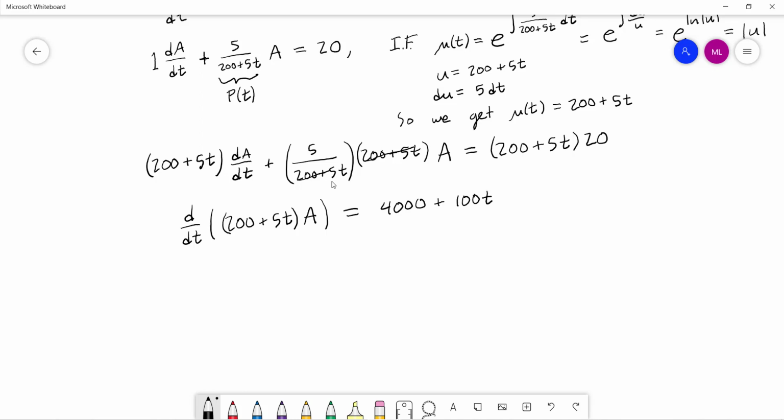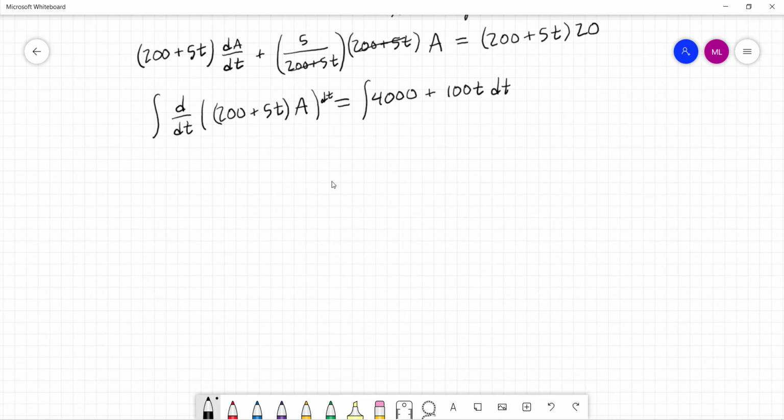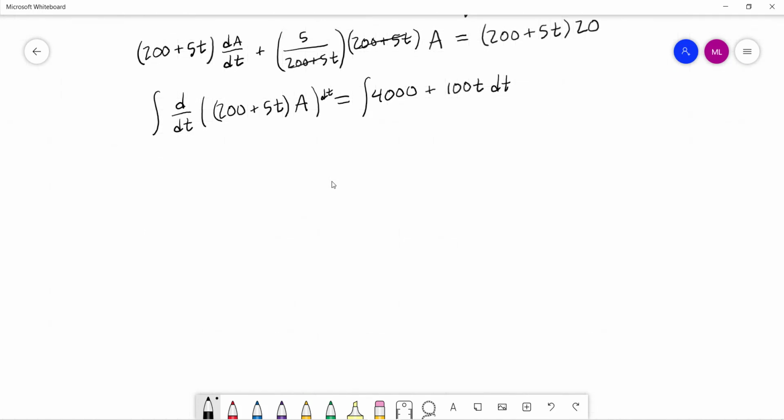Cool. And we'd integrate both sides with respect to t. And after integrating both sides with respect to t, on the left we just have simply 200 plus 5t times A. And on the right-hand side, what are we going to get? I'm going to get 4,000t plus 50t squared plus some unknown constant c1.